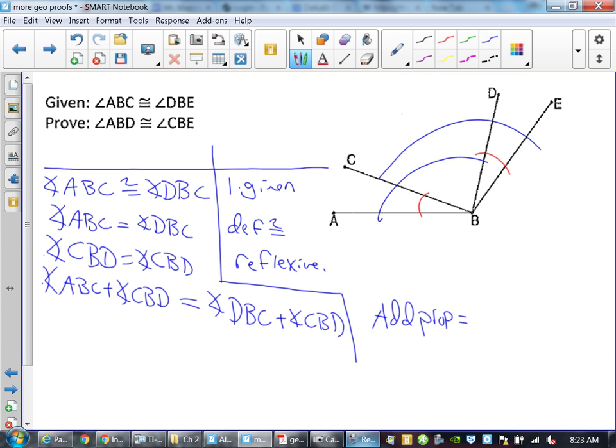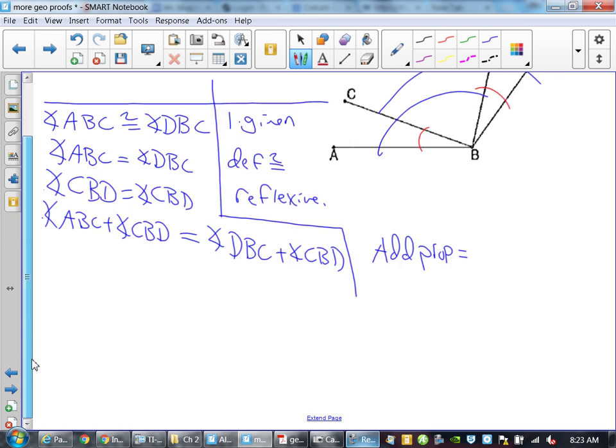Now, we've got two smaller segments on one side, two smaller segments on the other side. Can we define what those two smaller segments equal? When you add two small, did I say segments? I meant angles. We have two smaller angles adding, well, we can create a larger angle, correct? How do you do that? Angle addition. I can then say that angle ABC plus angle CBD equaled what?